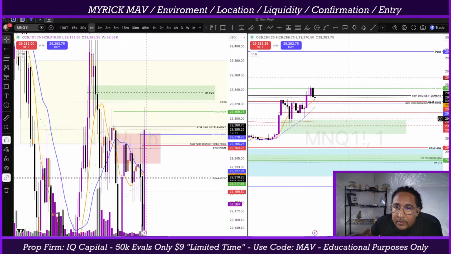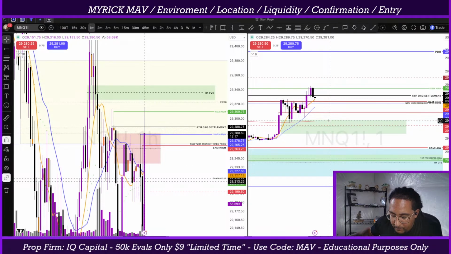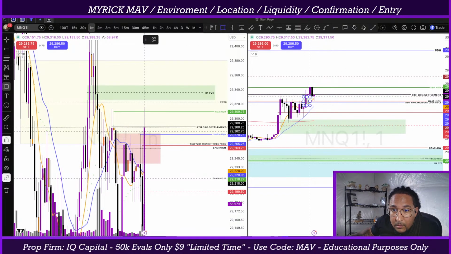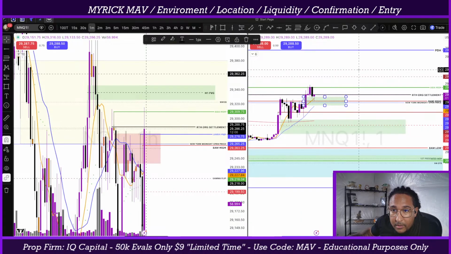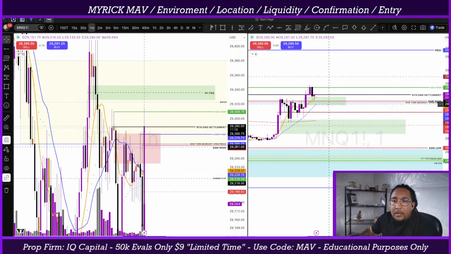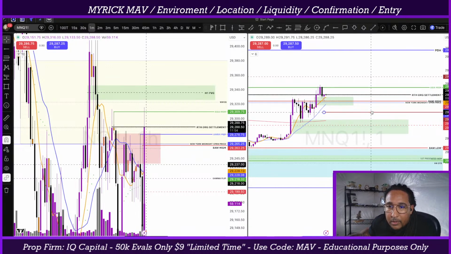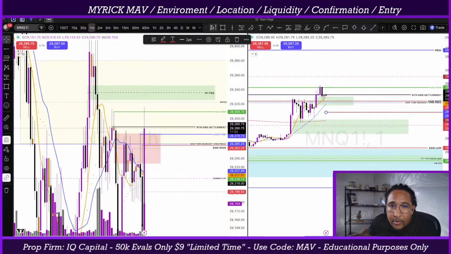I want to see if we can, looking at this 1 minute bullish gap here, see if we can invert that gap. If we can invert that gap, we'd be looking to get into shorts. We just got in a little bit too early on our prior entry.